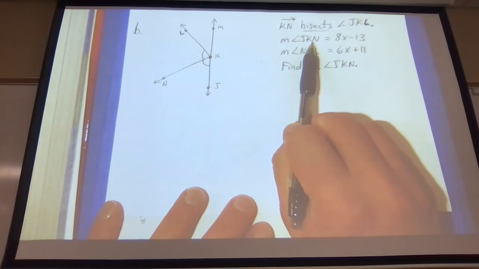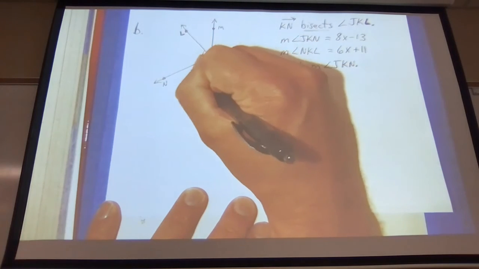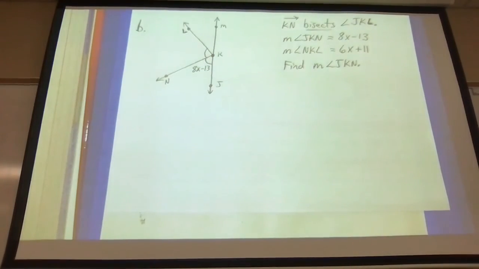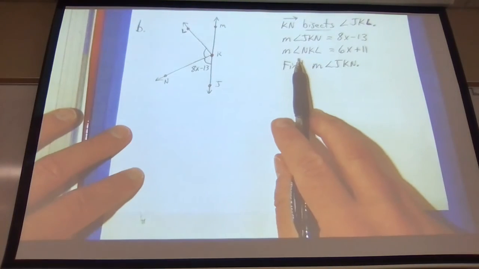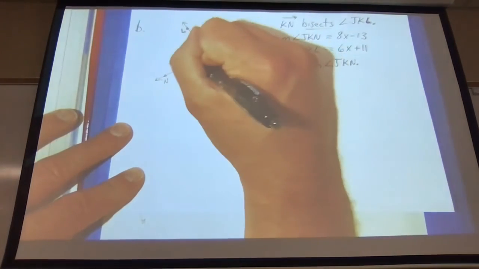The measure of angle JKN is 8x minus 13. I'm going to put that in the picture. Here's JKN, it's 8x minus 13. The other angle they give us, NKL, is 6x plus 11. NKL is this angle.